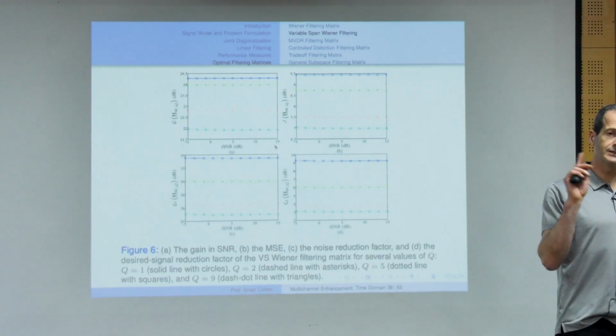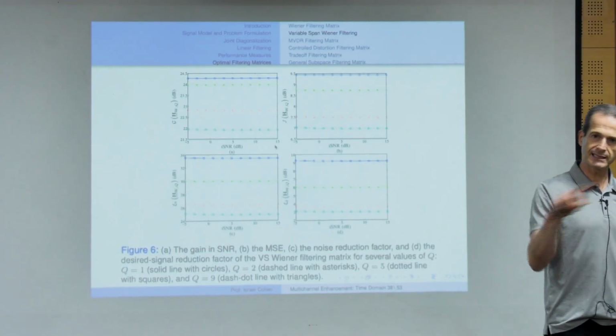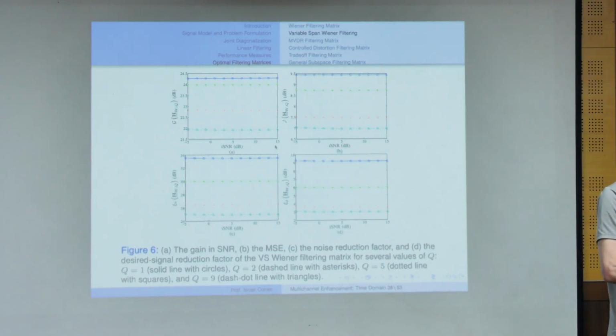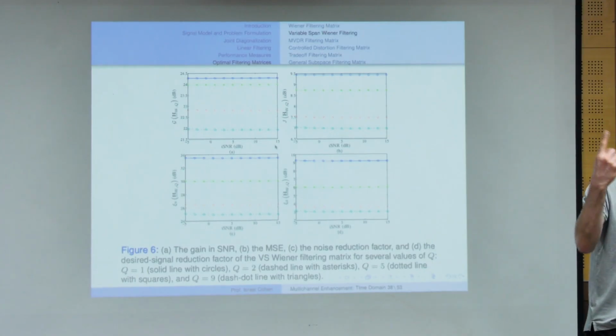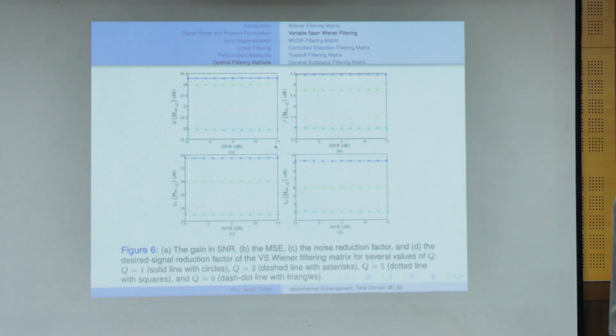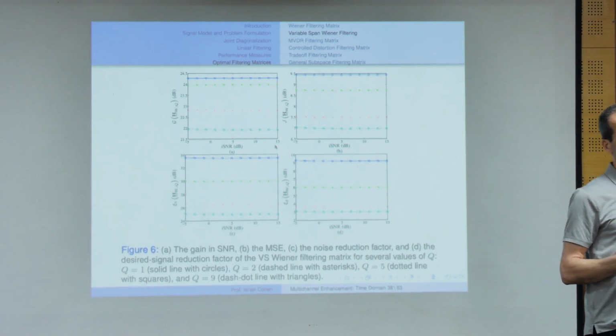I said choosing the reference sensor, you need to choose wisely. The best sensor, choose it as the reference. And then you try to use the other sensors to help you to improve what you can get beyond a single channel. If you choose a bad sensor at the beginning, it's not good. So it's important to choose the best sensor first, as much as you can.